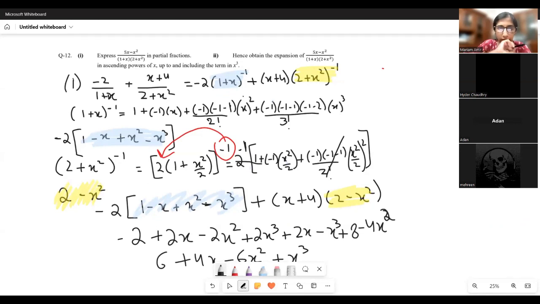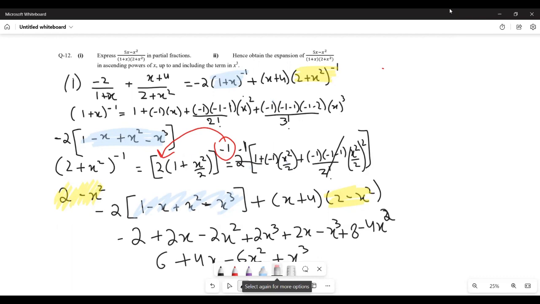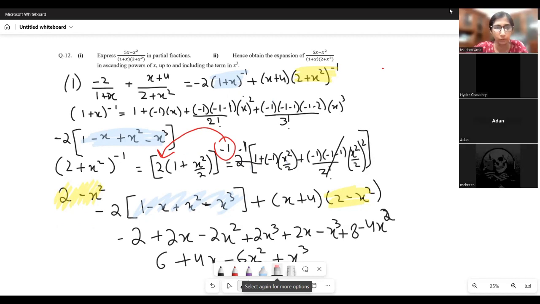Yes, this had to be divided with half, not 2. Okay, so where were we? Yes, this was minus 1, give to the power minus 1, not 2. That was wrong originally. So then this 2 power minus 1 becomes half. So this should have been half.